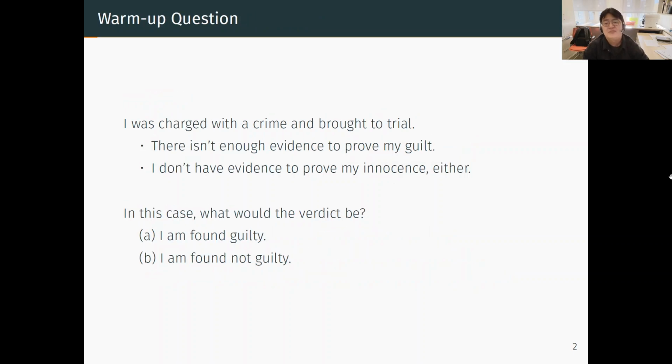Okay, let me give you a seemingly irrelevant example. Suppose that I was charged with a crime and I was brought to a trial. But the problem is there is not enough evidence to prove my crime. Still, I don't have any evidence to prove that I'm innocent.